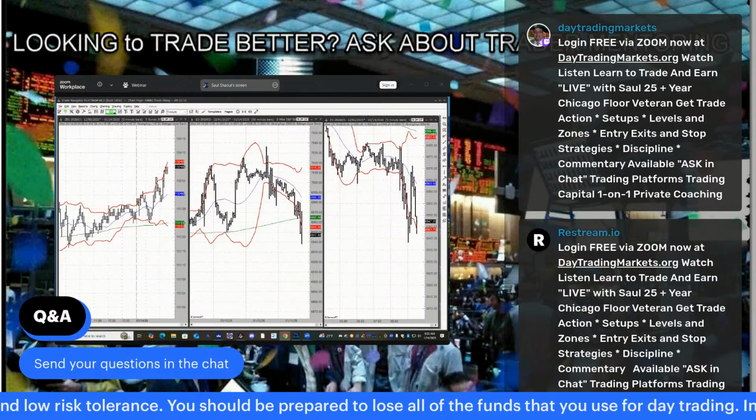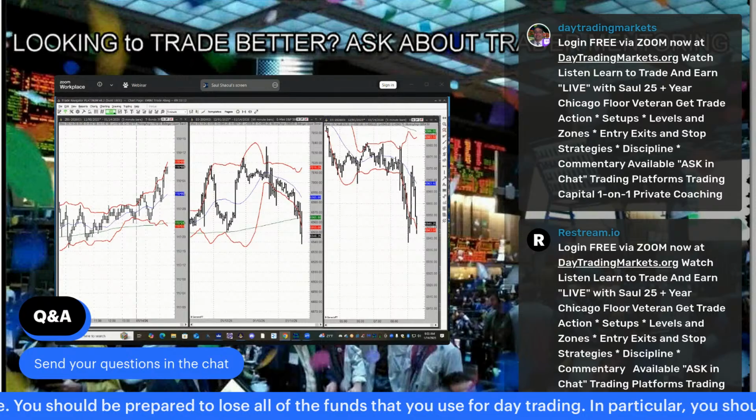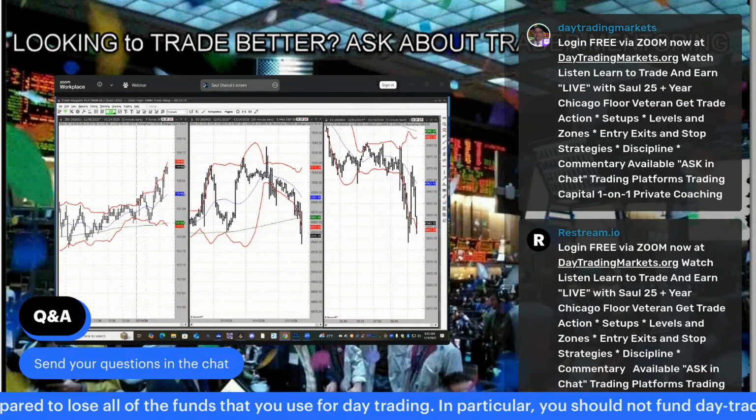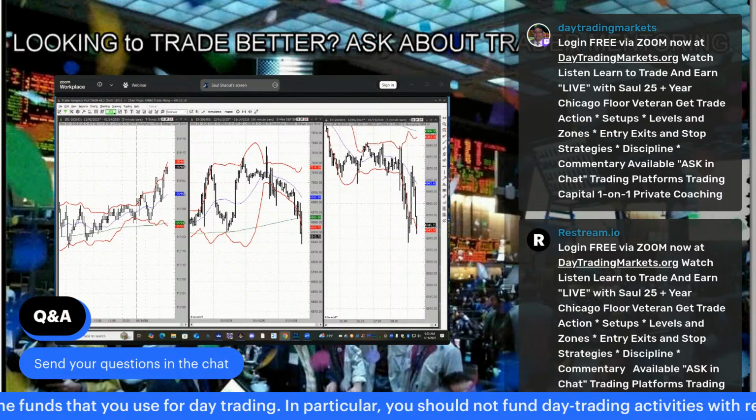All right, popping back up here a little bit. They got down to 42 and change there. We're looking at the 35 area.